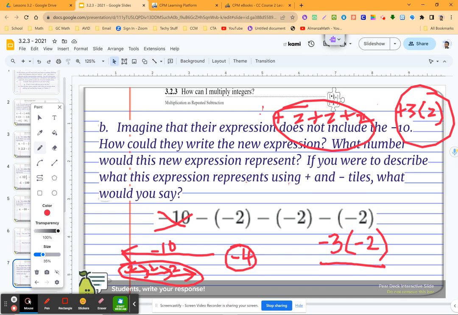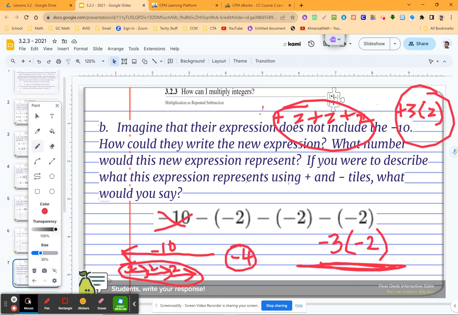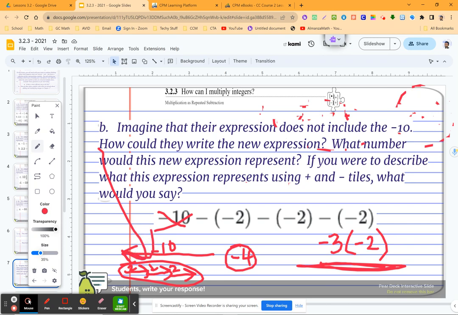But if I'm subtracting 3 groups of negative 2, like in this problem right here, I'm taking it away from 0, which will leave me with positive values. Because if we look at the diagram, when we take away 3 groups of negative 2, it's the same thing as giving us a positive 6.